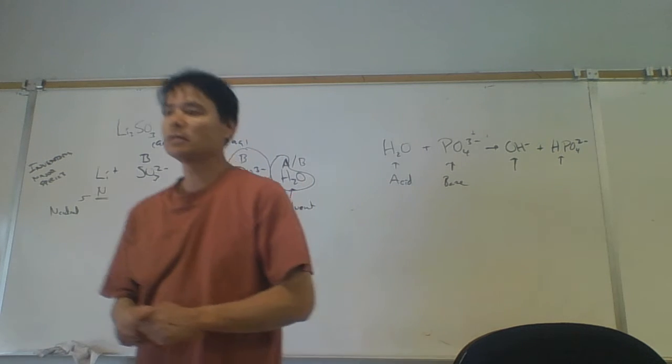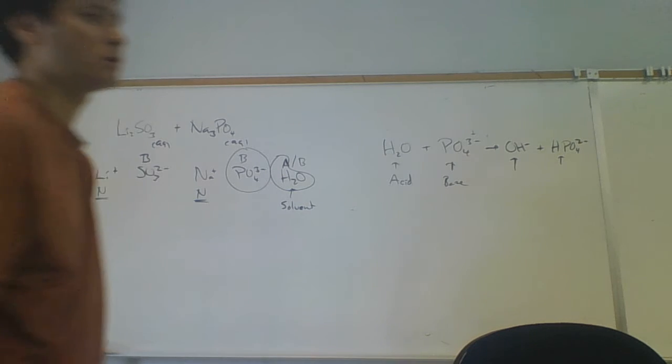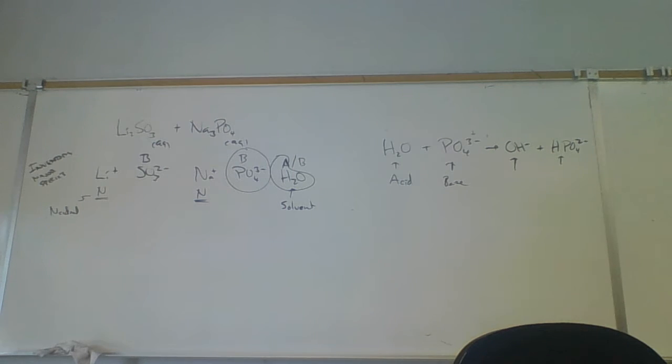Hydroxide is both an acid and a base. How about monohydrogen phosphate? Turns out monohydrogen phosphate is both an acid and a base. So here's monohydrogen phosphate as the acid, here's monohydrogen phosphate as the base. It clearly looks like a better base than it is an acid, because it's close to the strong bases.